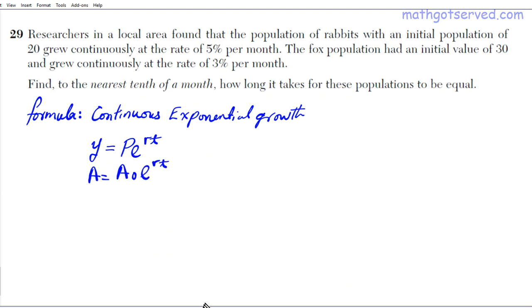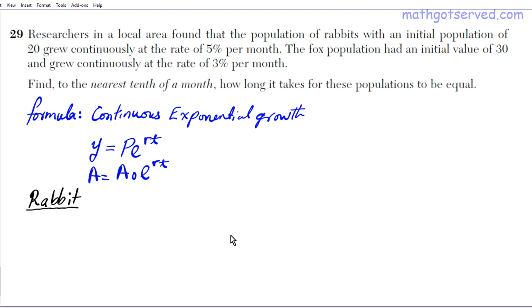Okay, so what we're going to do is formulate two models, one for rabbits and the other for fox. So let's start with rabbit first. What's the model for rabbit?